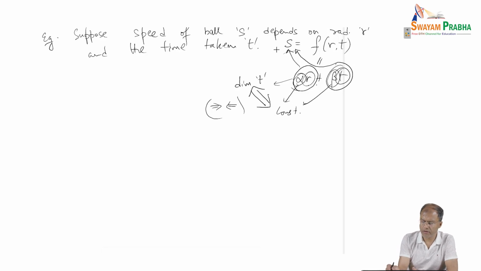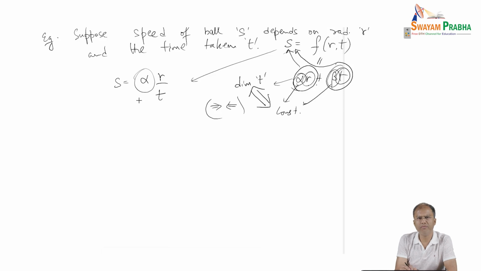So hence we expect that the speed has to be some ratio of r by t, right? And the proportionality constant cannot be found using dimensional analysis. This is experimentally found.